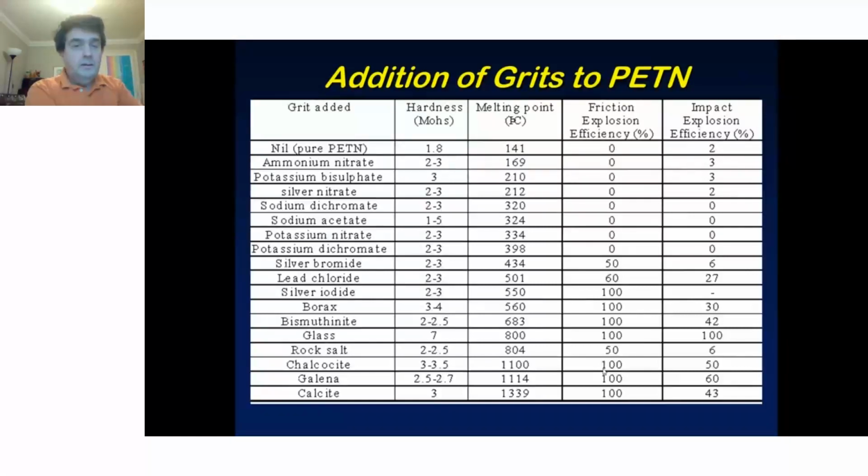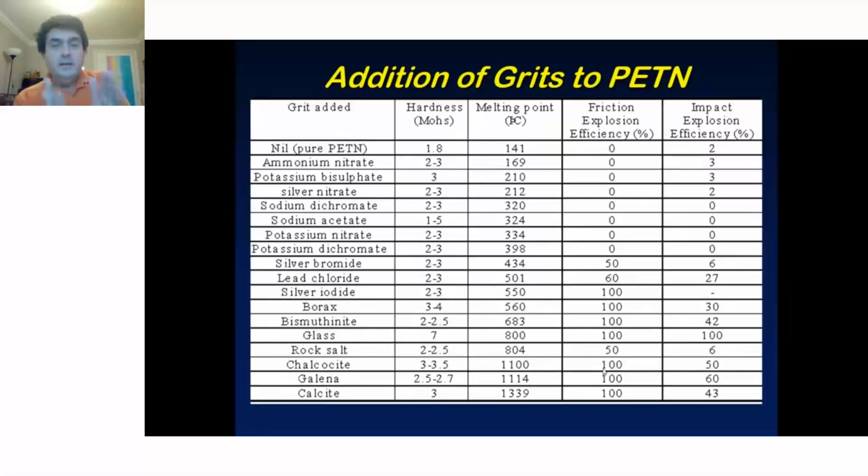So what this indicates is that the presence of these hard materials, which rub against one another and increase the amount of friction in the system, increases the friction explosion efficiency if the material can get to a temperature of, say, 500 degrees centigrade or 430 degrees centigrade.